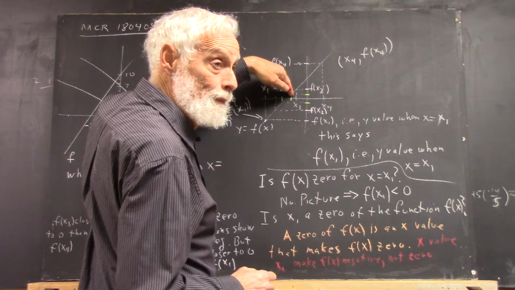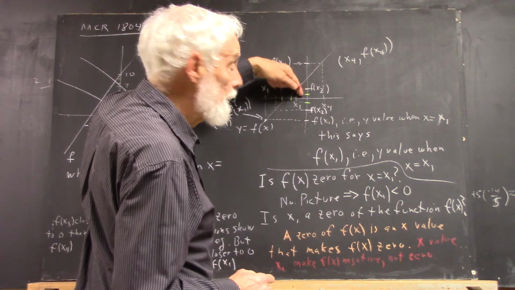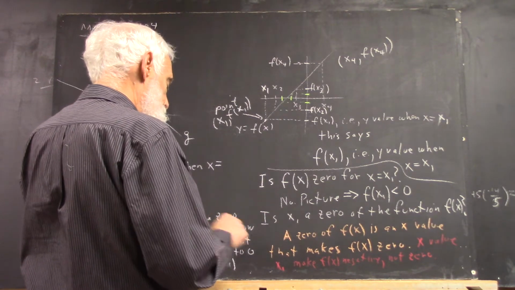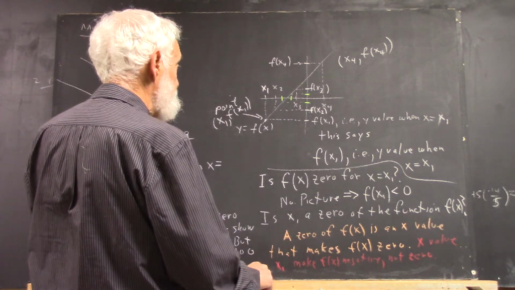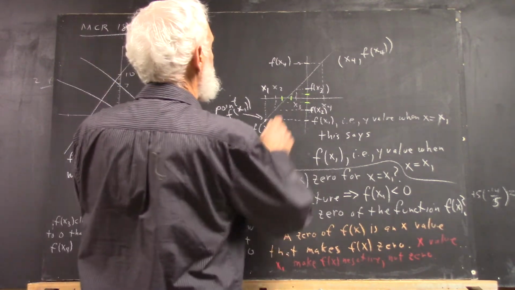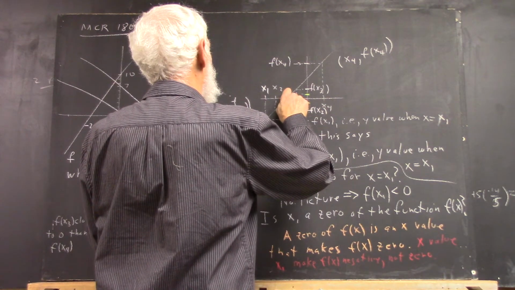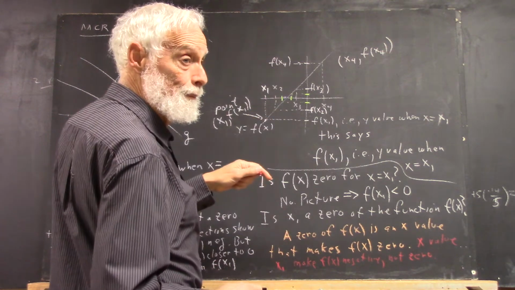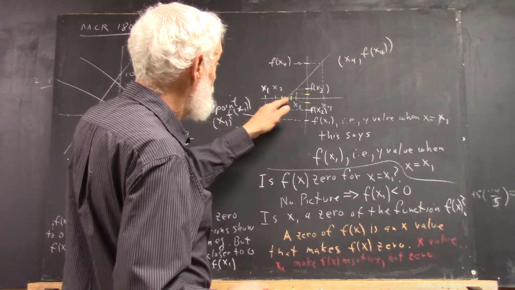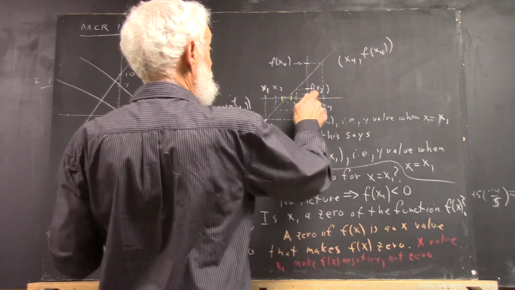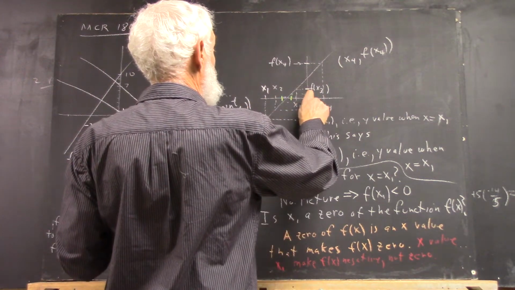Not 0, but closer to 0 than any of the positives, right? So you would expect that if we keep moving closer and closer to this point, our results are still going to be negative, but they're going to be getting close to 0, aren't they?